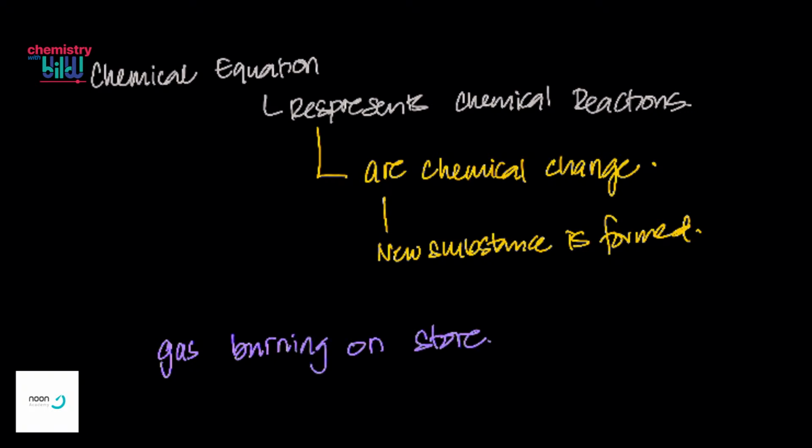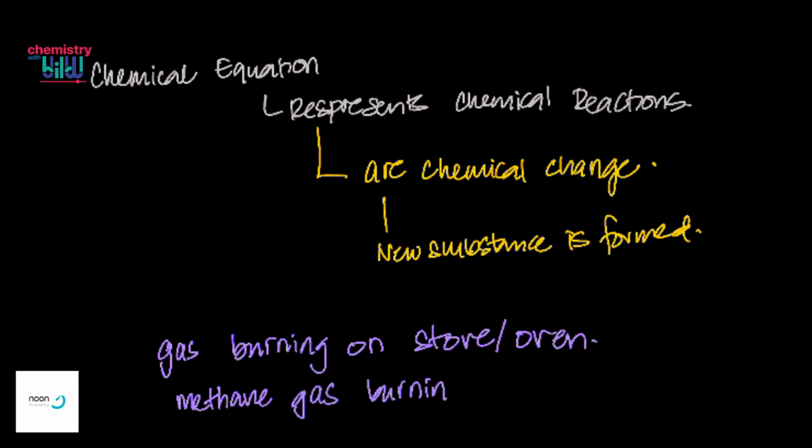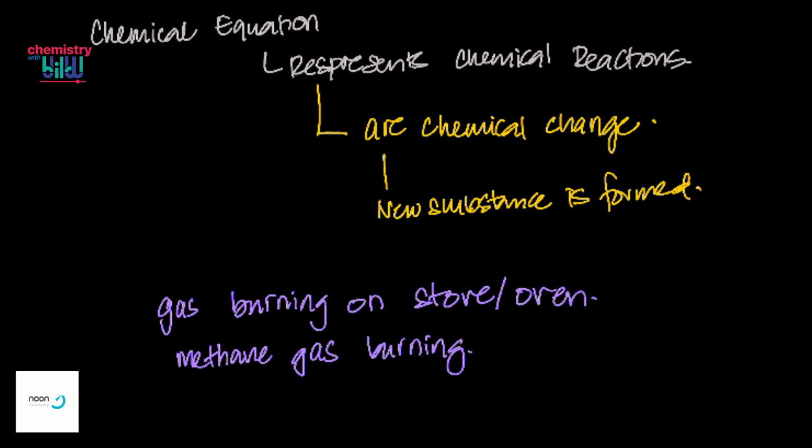That's a chemical change. When you light the gas on the stove or your oven, it's methane gas, what we call natural gas, burning. That's a chemical change because something is being used up and something else is being made.